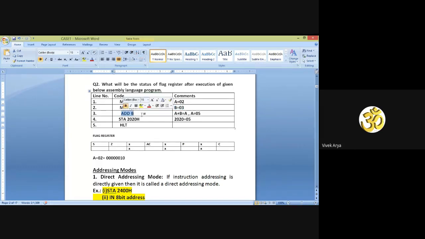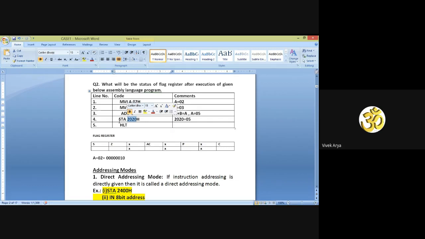After the execution of ADD B, what will happen? It basically adds the content of B with the content of register A, and after addition the result will be stored in the accumulator itself. 02 plus 03 becomes 05, and finally it is stored in accumulator. Now if we want to store this result 5 at some particular memory location, for example 2020H, we have to use the STA instruction here.